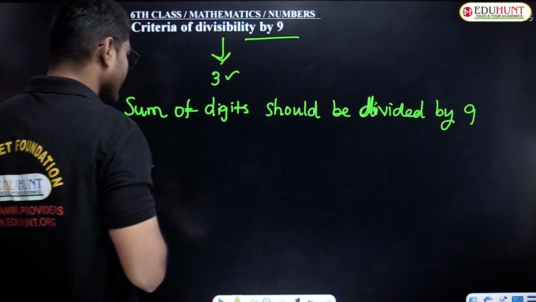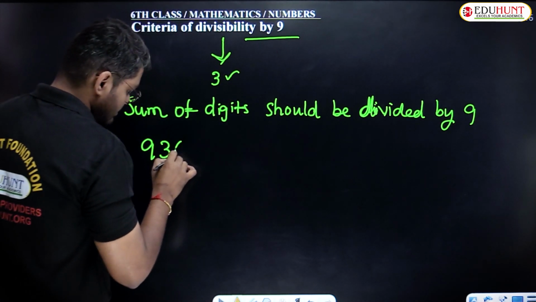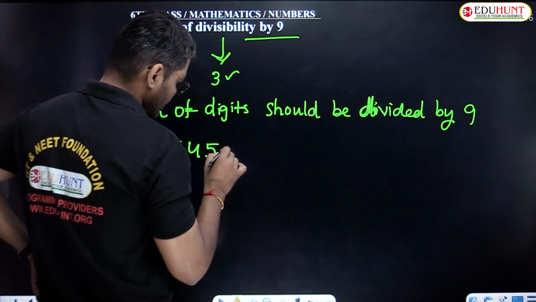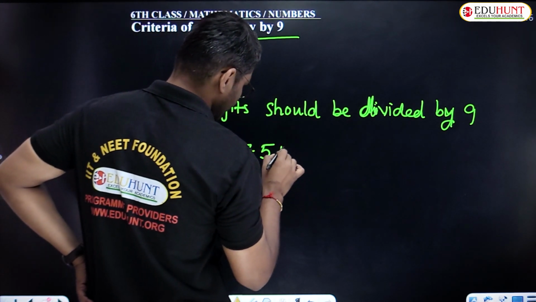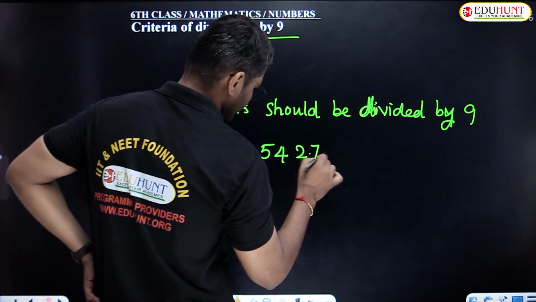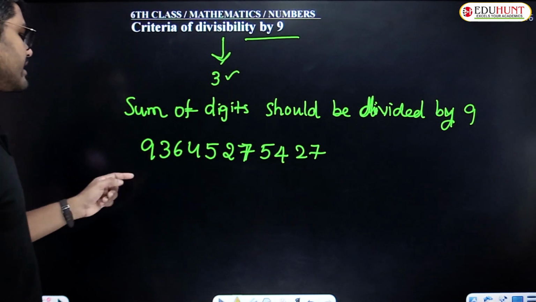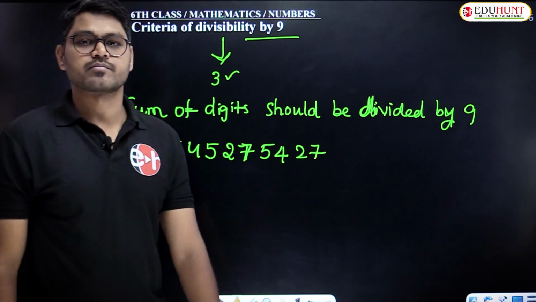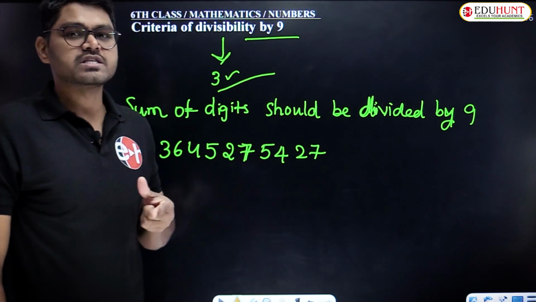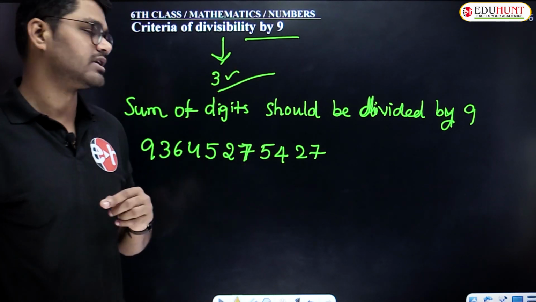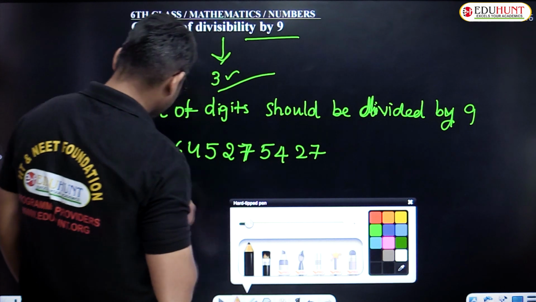Let's take one example. Taking the sum of the digits will take more time, so as usual, follow the method which we followed in the divisibility rule of 3. 9, it is divisible by 9.